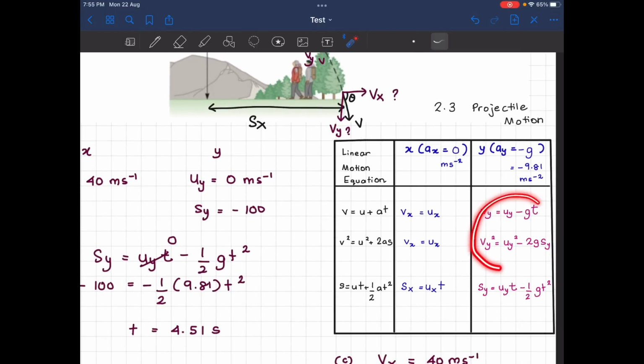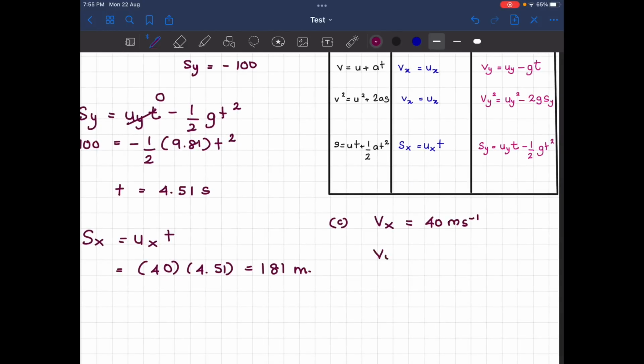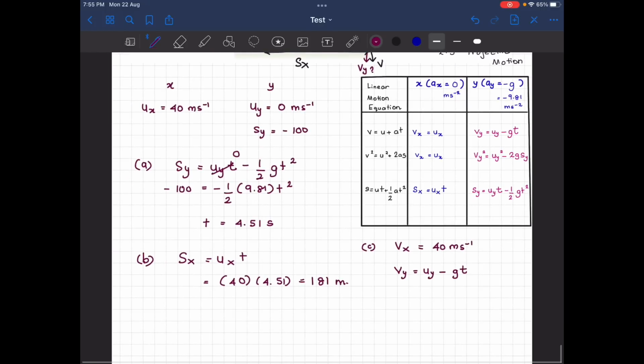These two equations have Vy. You could use either one. This one can, this one can too, but I'm going to use this one. So Vy is equals to Uy minus gt. I already know that Uy is 0, so it will be negative.